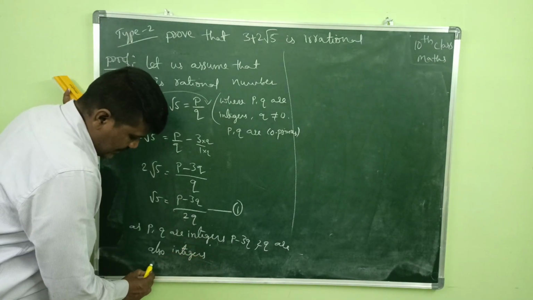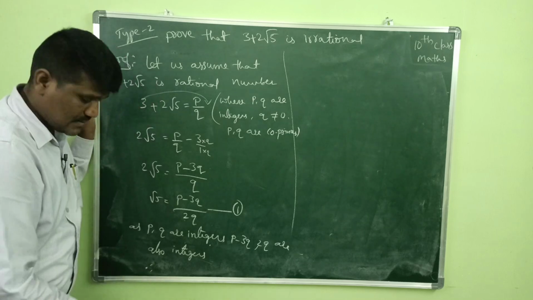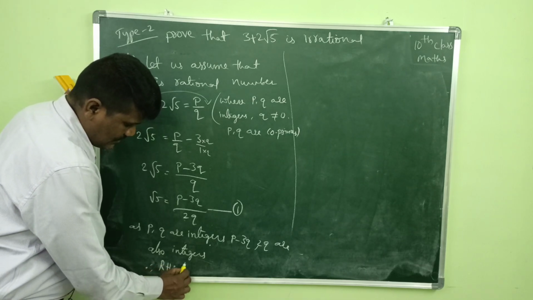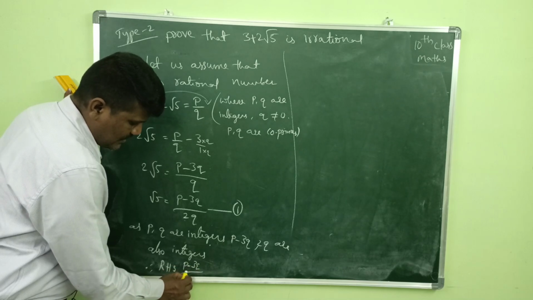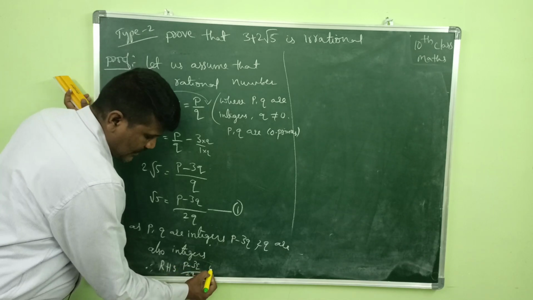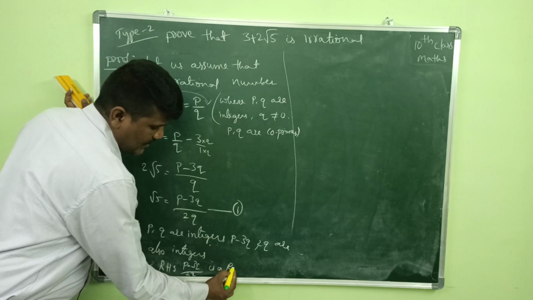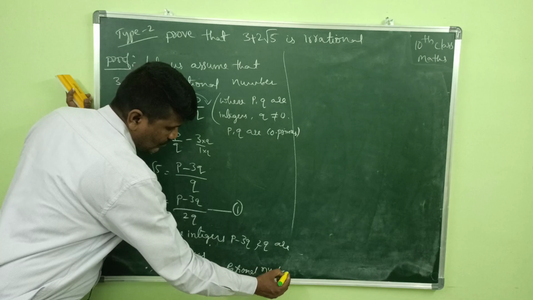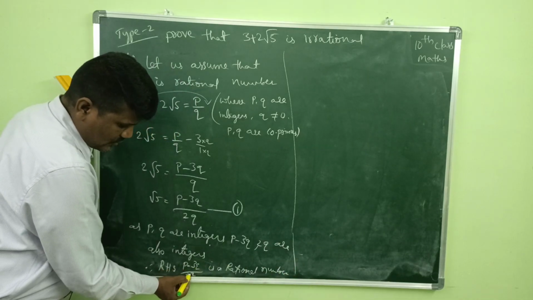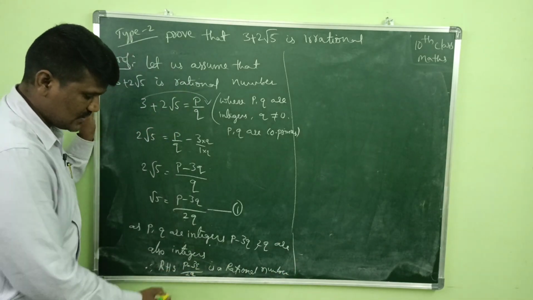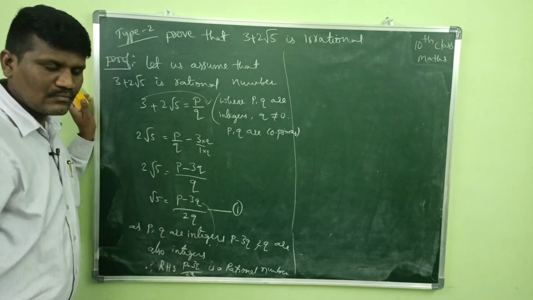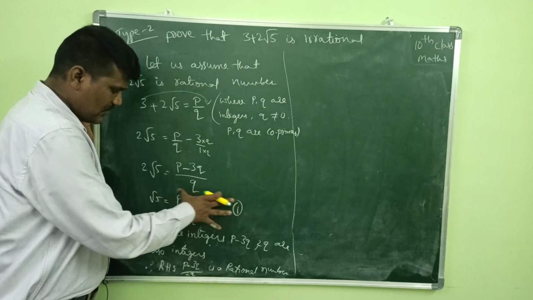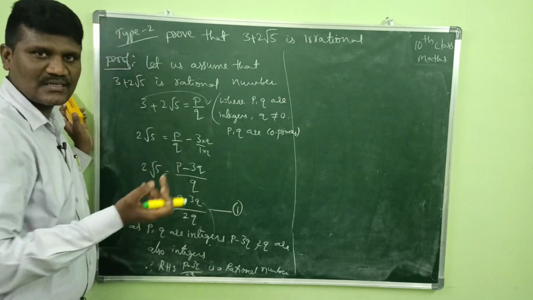So therefore what I can write, if numerator and denominator are integers, so RHS p minus 3q by 2q is a rational number. Right? p minus 3q by 2q is a rational number. This is the RHS. If p minus 3q by 2q is a rational number, then from this equation root 5 is also a rational number.